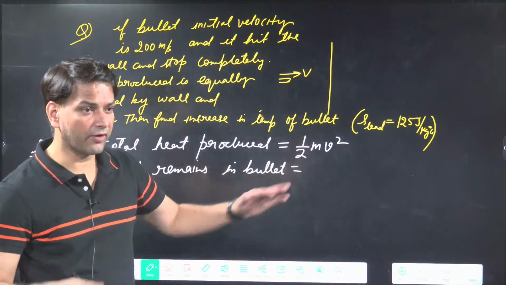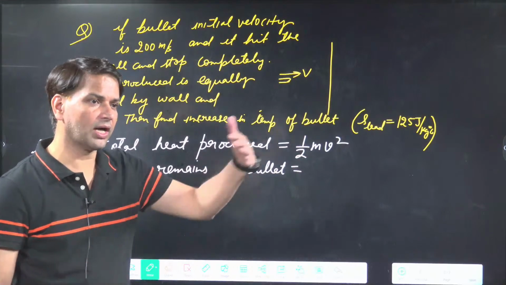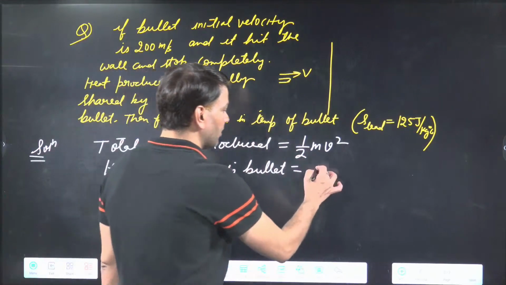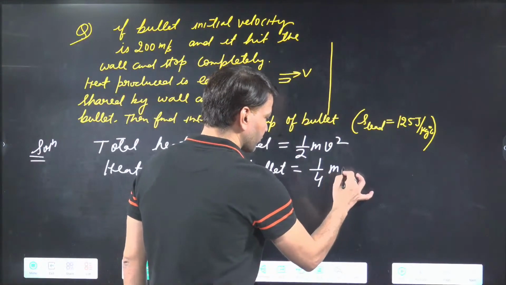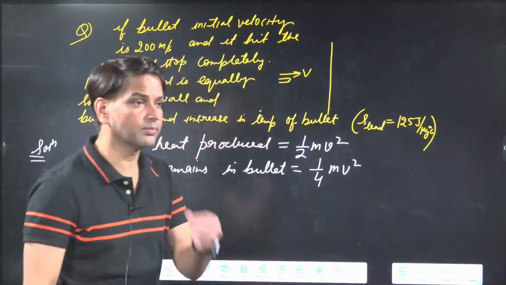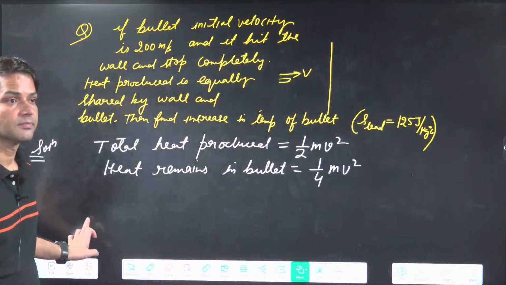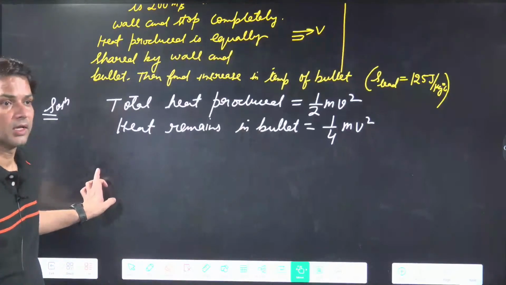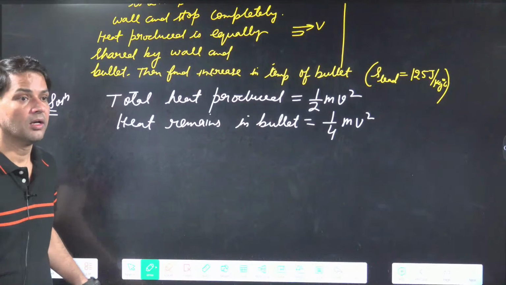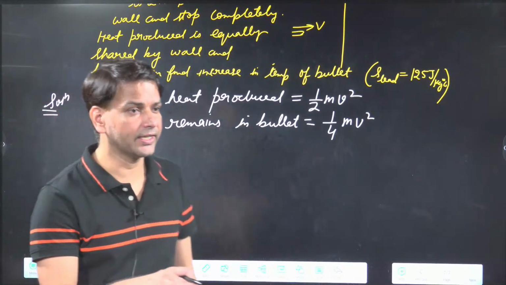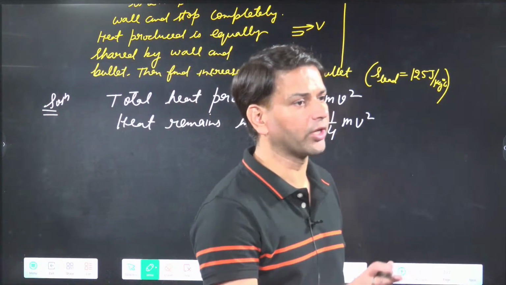Total is this. Half is shared by the wall, half is shared by the bullet. So what will you get? 1/4 mv square. Up to this, any problem? So what is the heat in the bullet? Heat in the bullet is 1/4 mv square.